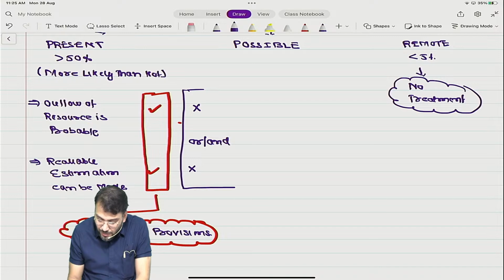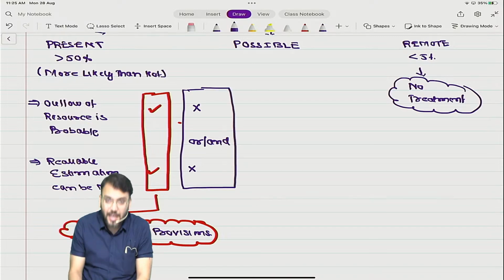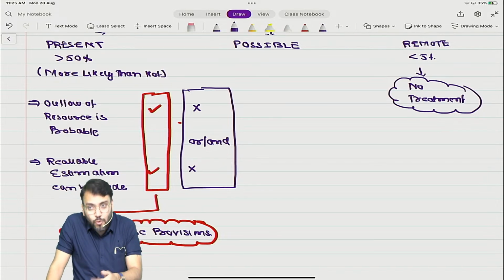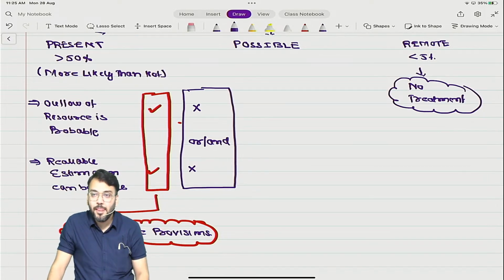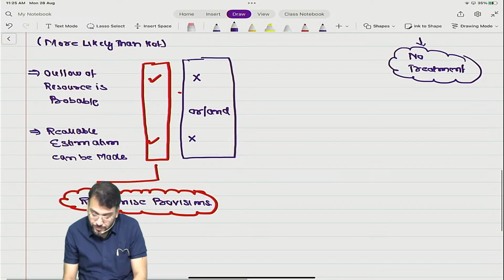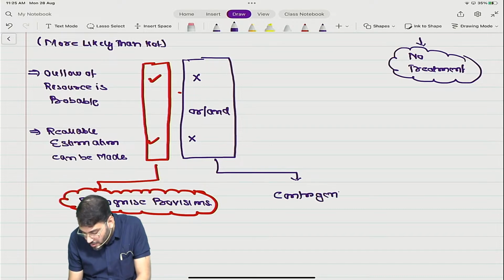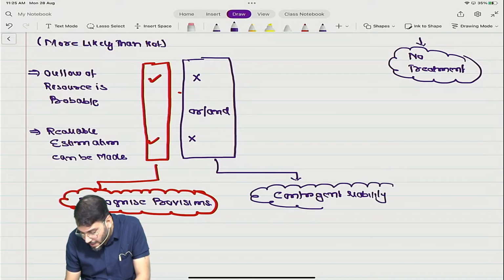Either any one condition is not satisfied or both the conditions are not satisfied, then what does AS 29 say? Then this will become a contingent liability.